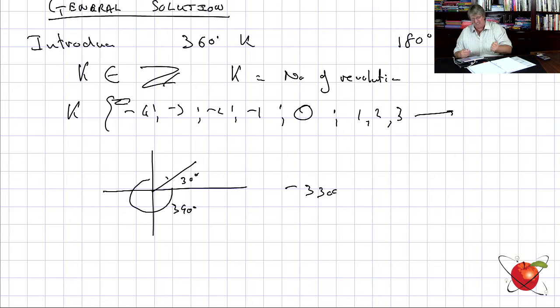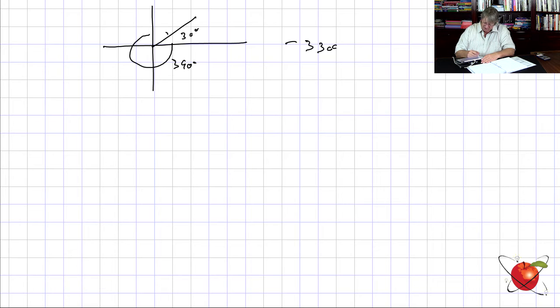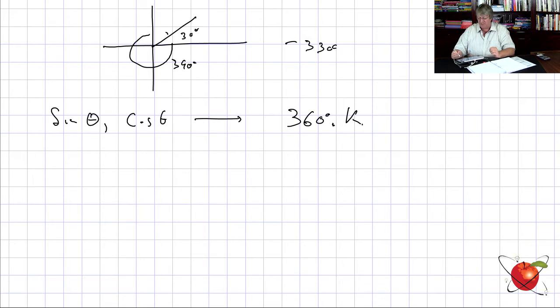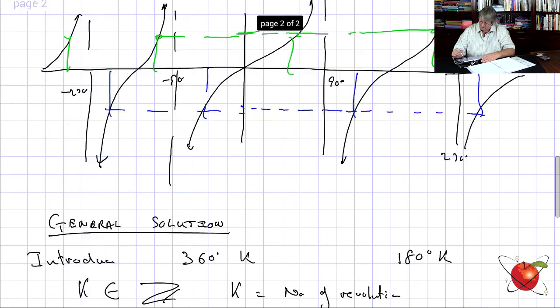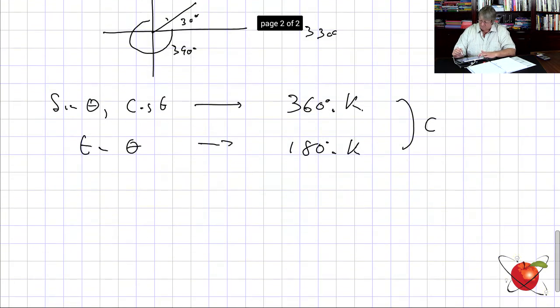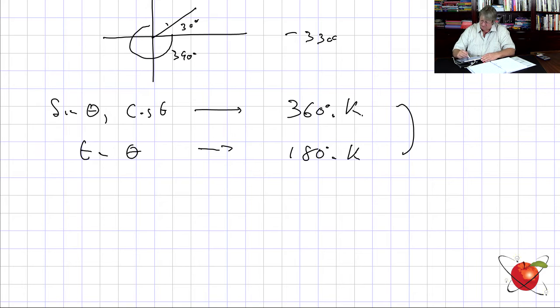So this is K360, K180. For sine theta and cos theta, we use 360 degrees times K. For tan theta, we use 180 times K, where K is an element of Z. So for tan, it's 180.